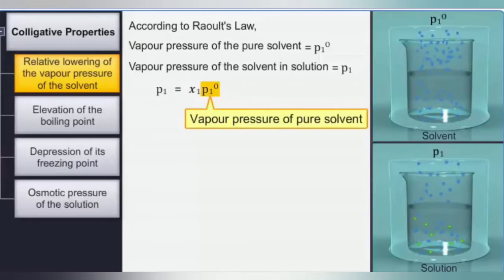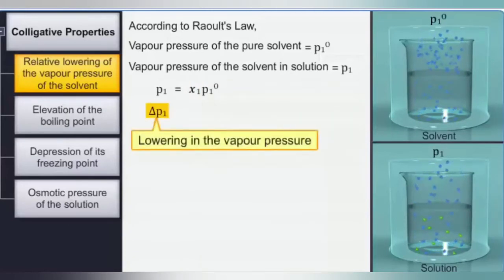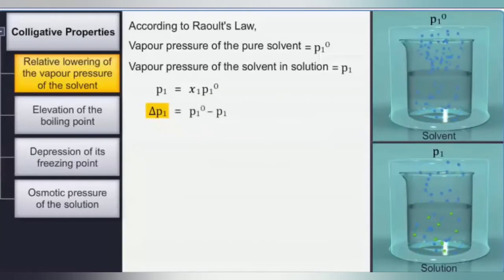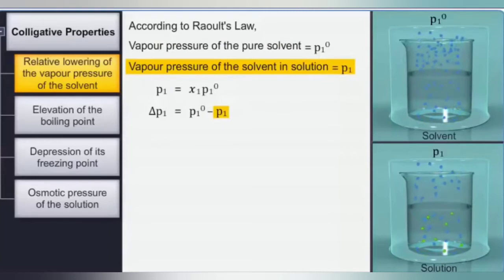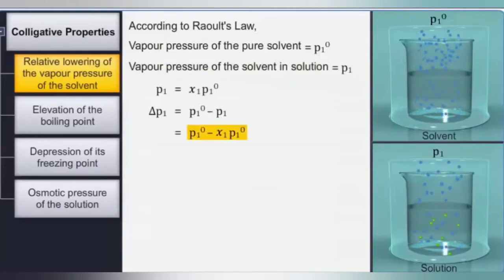The lowering in the vapor pressure of the solvent, ΔP1, is equal to the vapor pressure of the pure solvent P1° minus the vapor pressure of the solution P1, or P1° − X1 × P1°.